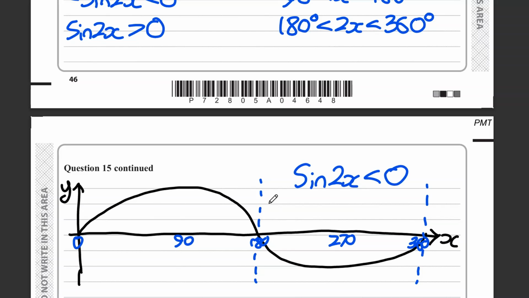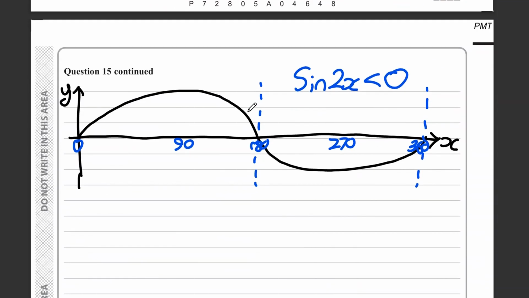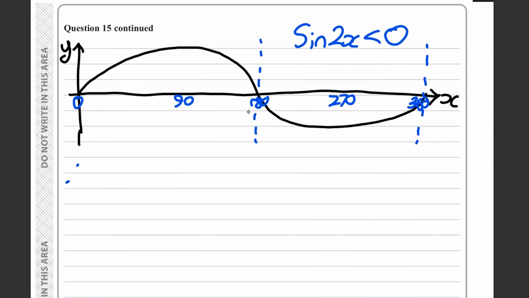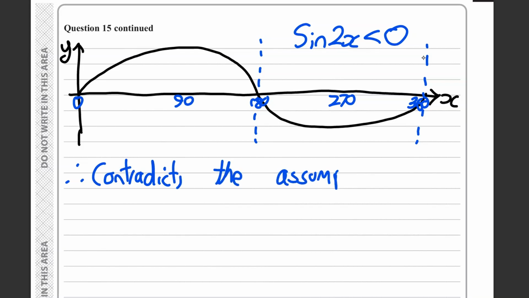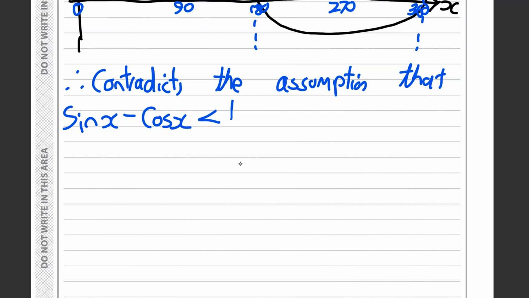But here we have a contradiction, because here we have shown that sin 2x is more than 0 if we make this assumption here that sin x minus cos x is less than 1. So therefore, because we've shown this here, this contradicts the assumption that sin x minus cos x, we assumed up here that sin x minus cos x is less than 1.